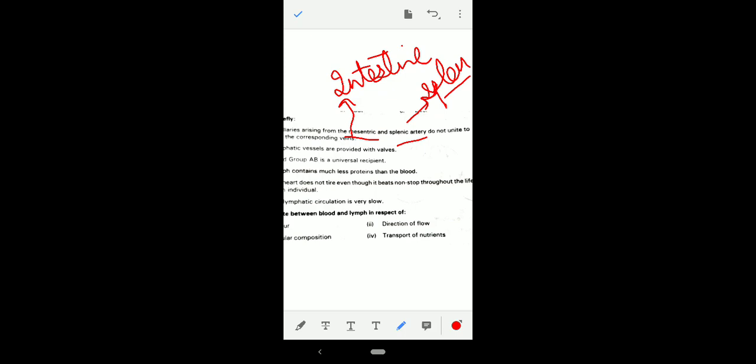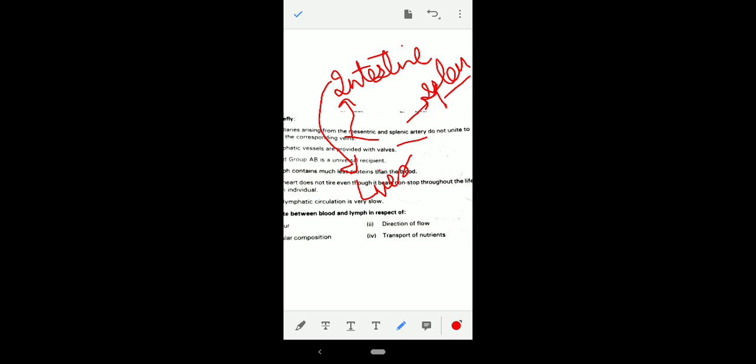These arteries contain a high amount of carbohydrate, protein, damaged cells, etc. So we cannot circulate this blood directly to the heart. What we have to do, from the intestine, first we will send this blood to the liver through the hepatic portal vein.